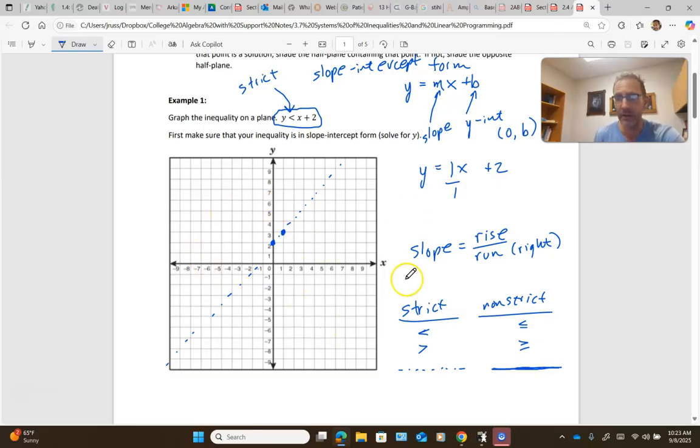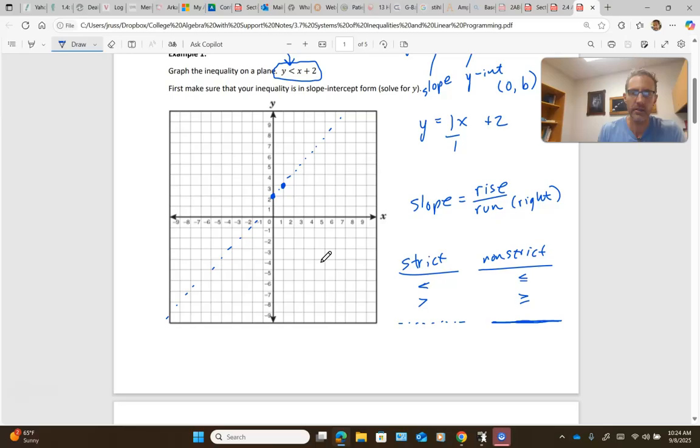Could be anywhere. That point's going to have an x and y coordinate. You plug those values in here, and you see whether you get a true or false statement. If you get a true statement, the region from which that point came is the region that you shade. That's the region that contains all the solutions. If you get a false statement, it'll be the other region that you shade. So that's the way you do it mathematically.